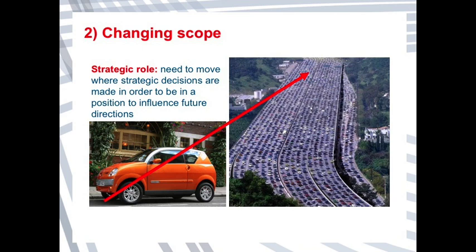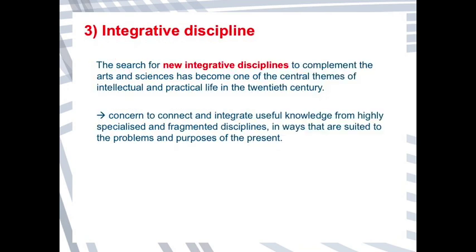Because if we need to face issues like climate change, or deal with logistics and mobility, for example in urban areas, how can we do this by just focusing on one single product? So in order to have a bigger impact on society, on significant challenges, design needs to scale up and have a role in a more strategic position, like what happened in organizations.